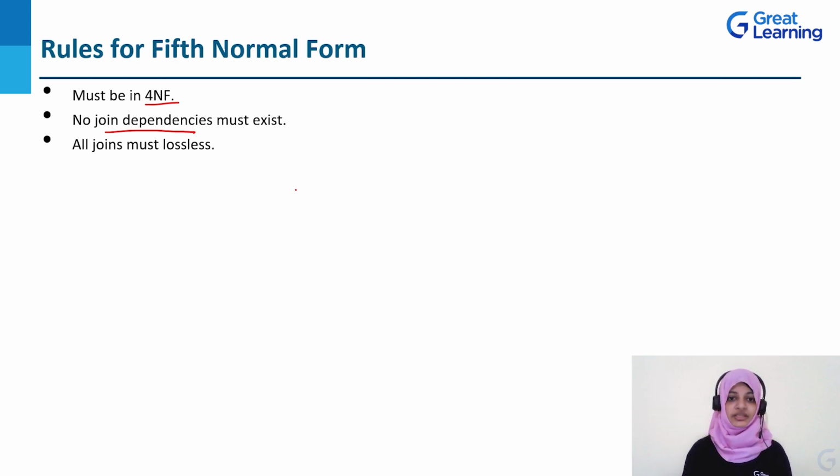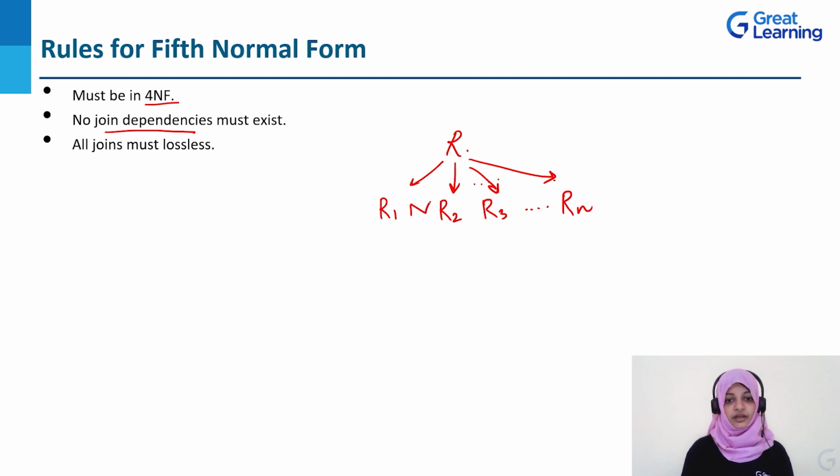When we look at join dependency, it's a basic concept wherein if we take R as any entity or relation given in a relational database management system, then splitting up that relation into n other relations such as R1, R2, R3, etc. till Rn is possible. Now, if we club together these relations in the form of a join, in any manner, then we should get back the original relation. This concept is known as join dependency.